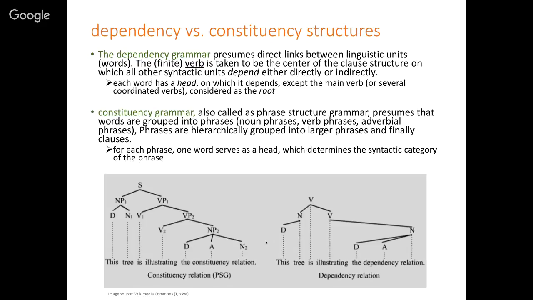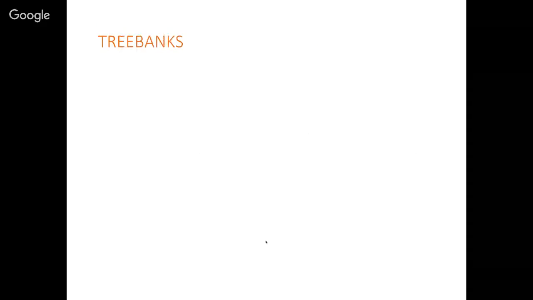So there are two different trees here. The left one is the constituency relation tree, and the right one is the dependency relation tree. They are not that dissimilar, but still there is a certain distinction between them.